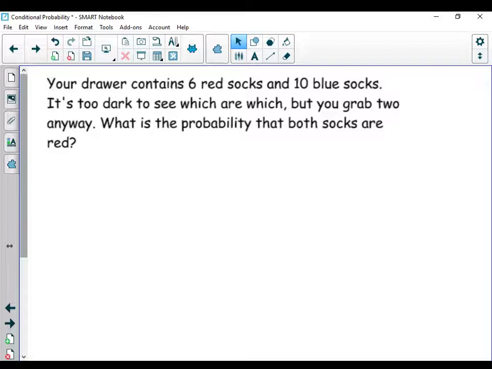Now, if they specify you picked one up and put one back, that changes your probability. They like to put with or without replacement. They'll put those words exactly.